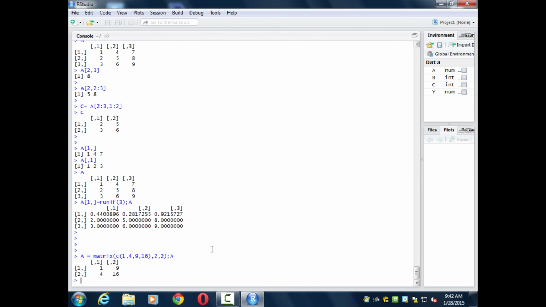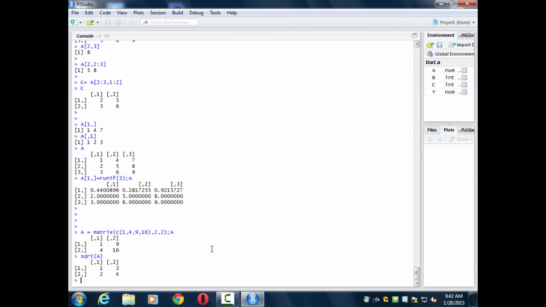So this is the matrix A. Then let's now take the square root of these entries. So we can do sqrt of A. And you can notice here how square root is a built-in function, and by specifying that built-in function and passing the matrix as the argument, that operation is performed element by element on the matrix.